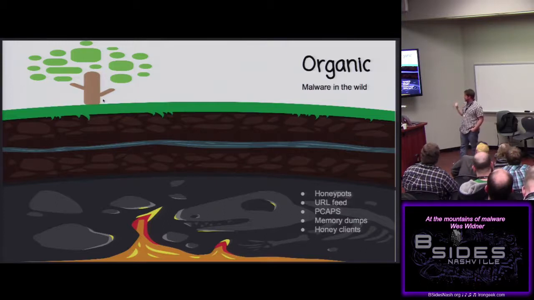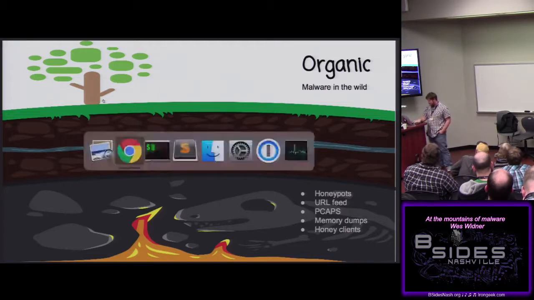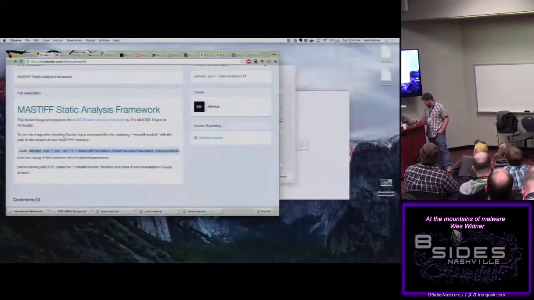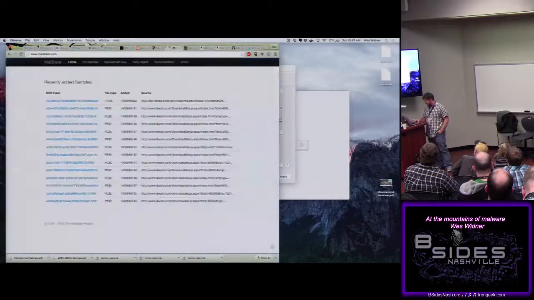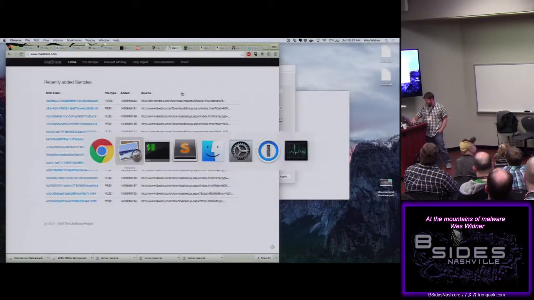There's vendors of URL feeds of malware. In fact, I pulled up some examples of this. For example, Malshare is one site, and I'll show you the Docker example of pulling this out later.